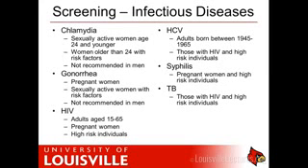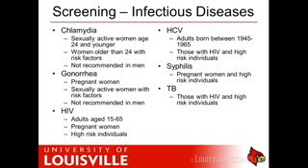So for HIV, we kind of all know this, most of our adult population should be screened once, and then at-risk individuals, you should consider screening definitely more frequently than that. And then pregnant women. Hepatitis C: those born between 45 and 65, anyone with HIV, and anyone with risk factors.